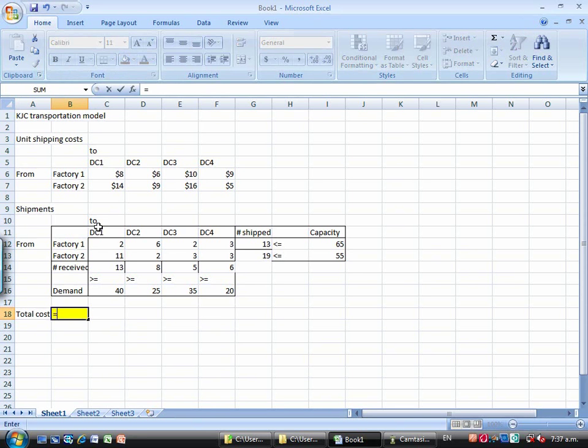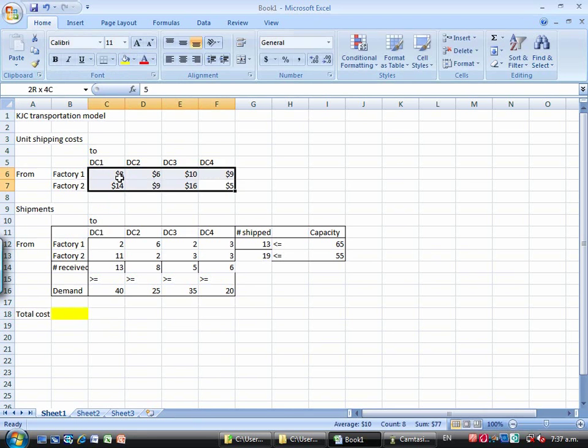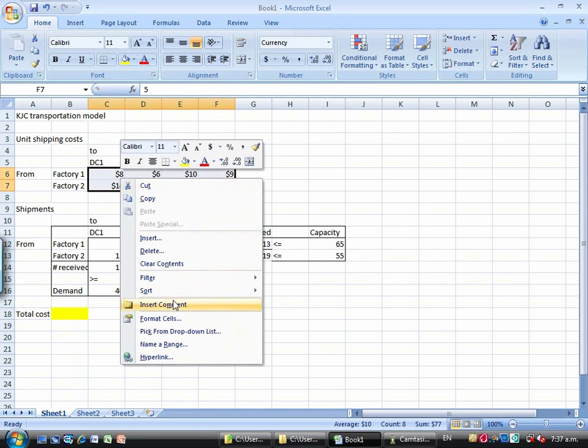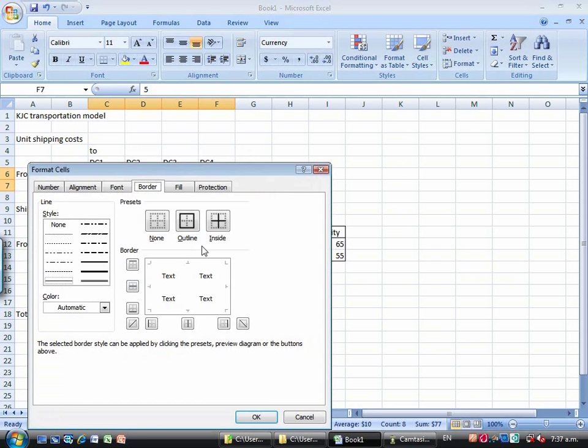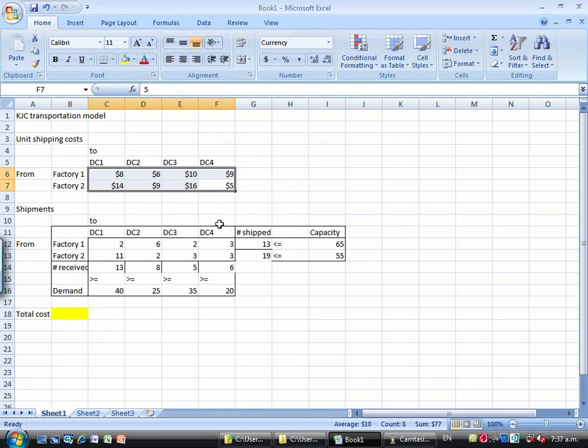Now the total cost will be, now I just want you to see that we have two arrays here, or two matrices. Now just have a look here, we have a matrix here, and we have one here.